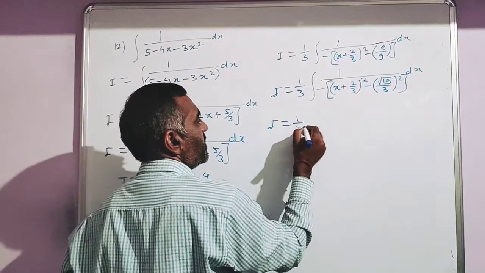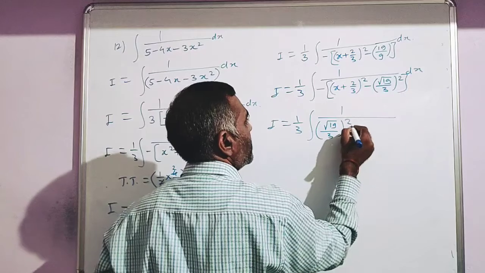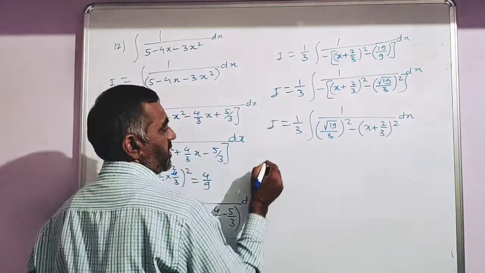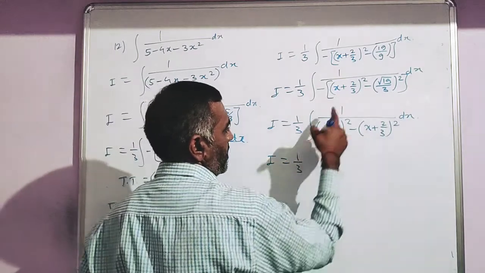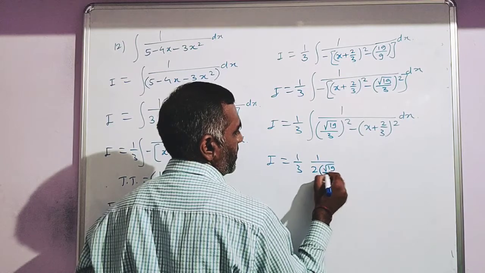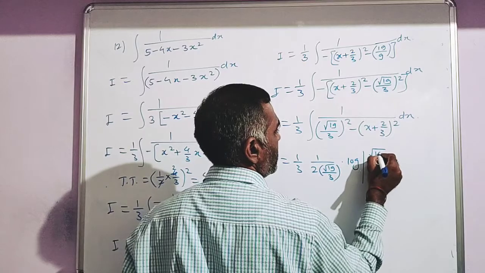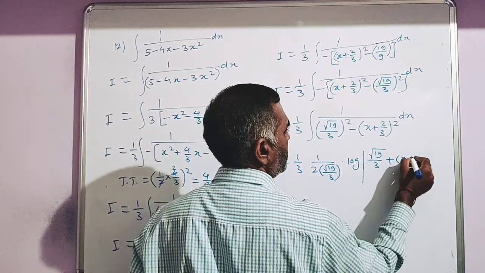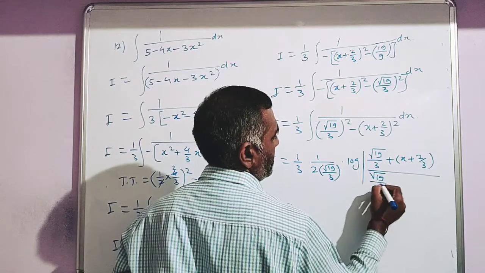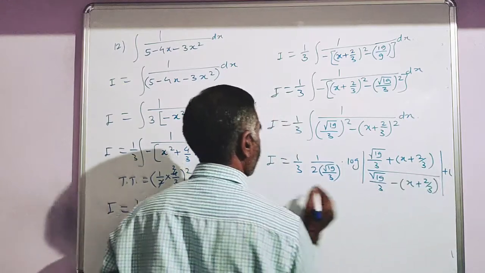Therefore I is equal to 1/3 integration of 1/[(√19/3)² - (x + 2/3)²] dx. This is of the form 1/(a² - x²), therefore it is 1/2a log of mod of (a + x)/(a - x) plus c.